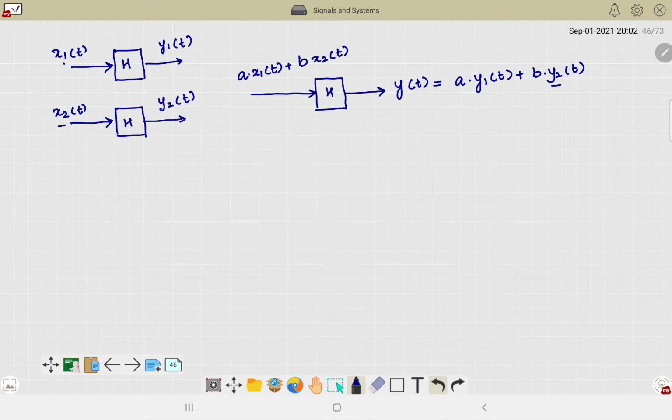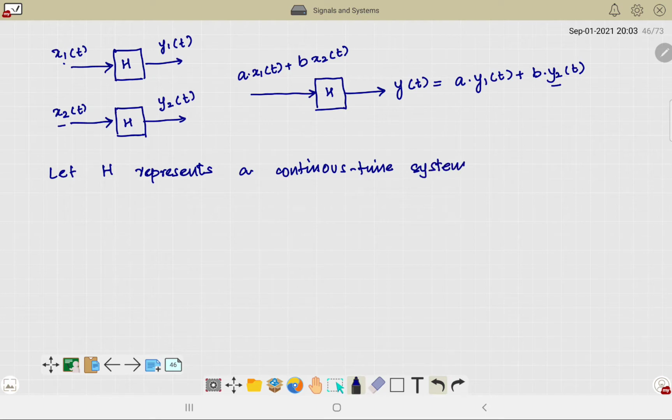But in general, we can have a general analysis here. Instead of only having two inputs, I can have n number of inputs. So I will quickly do a general kind of mathematical analysis. So let's say, let h represent a continuous time system; let's start with the continuous time system, then we can generalize it for the discrete time case also.